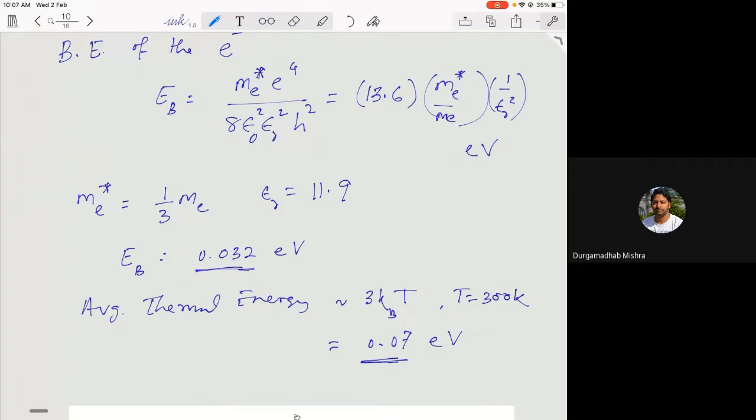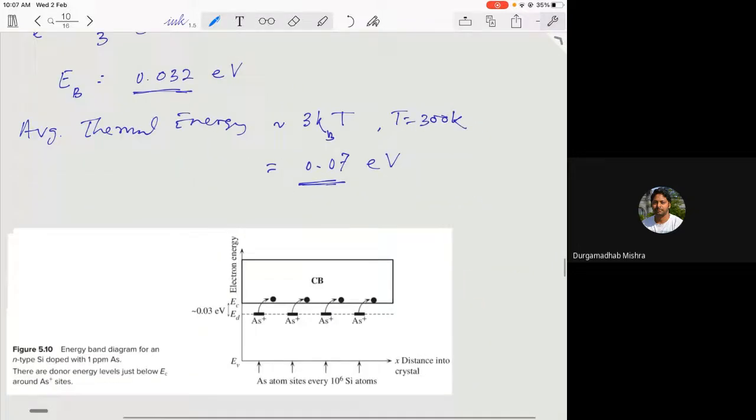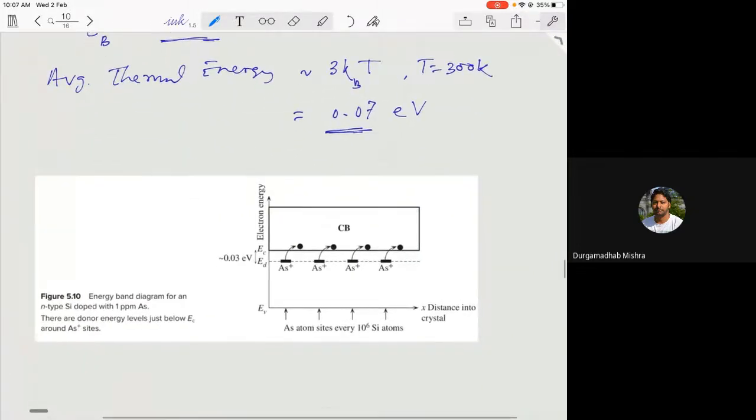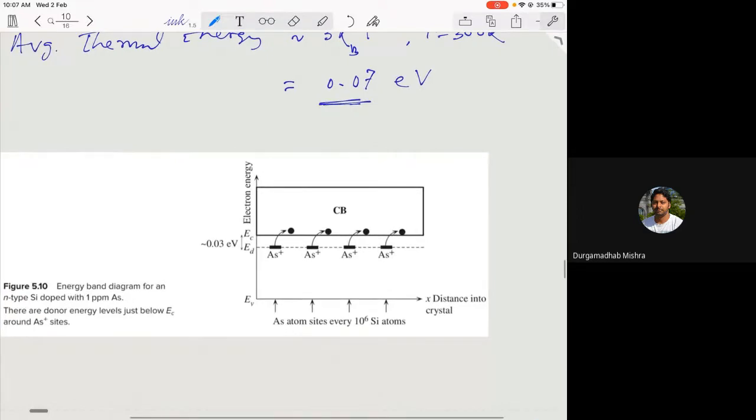Free means it will go to the conduction band of the material, and that is how you will get the n-type semiconductor. This is a schematic picture of the energy diagram, of how you get extra electrons in the conduction band due to doping.